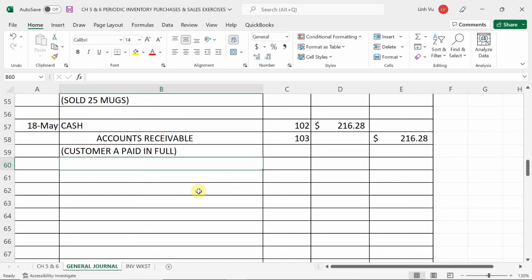I'm just telling them, hey, you owe me money. I let you take the product ahead of time, but you owe me money. That's what this person is doing now, making a payment. So there's no linkage to inventory whatsoever, because I already sold the product to them way back on the 6th of May.